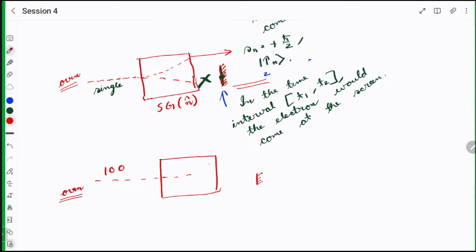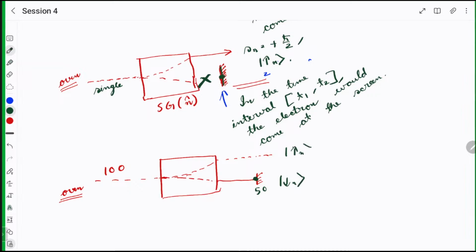Then we know that half of them will go above, half of them will go below. So say I detect 50 electrons here out of the 100. So I already know that the rest 50 must have passed through, and they must have collapsed to the up n state, right? Sorry, this is down n, this is up n.